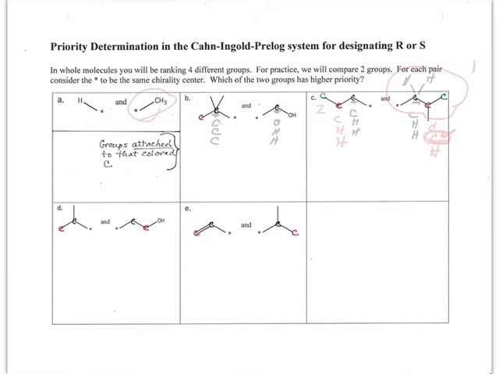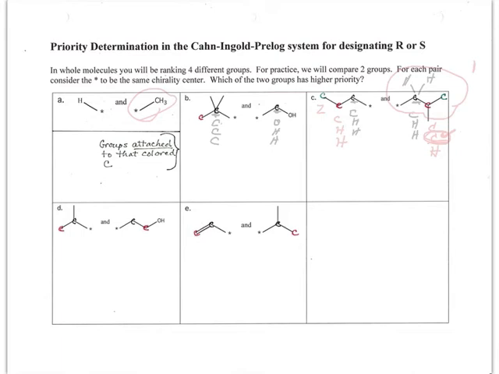Okay. The next one. You want to do that one? Which one is it? The left or the right? Left. I hear different answers. Left, yeah, because it wins on the first carbon right away.